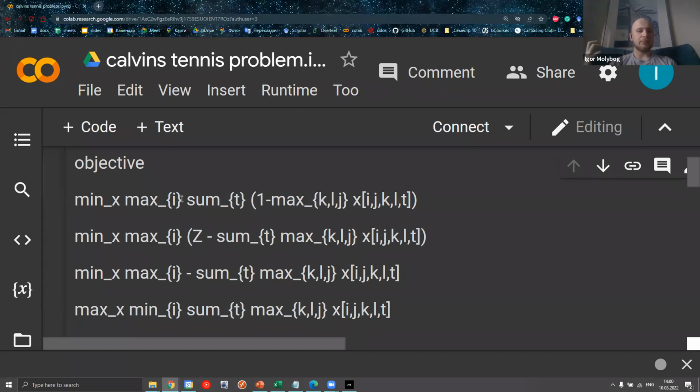This part of the problem refers to finding a player that did not play for the most amount of times, and then we are minimizing this maximal amount of times by adding a minimization over x.